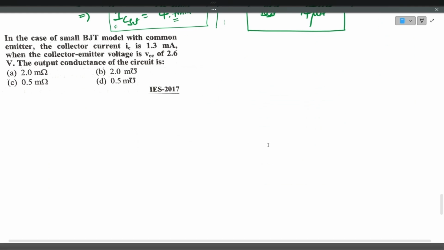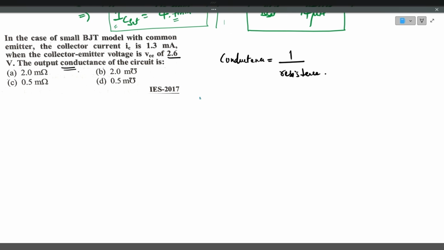In case of a small signal BJT model with common emitter, the collector current IC is 1.3 milliamps when the collector emitter voltage VCE is 2.6 volts. The output conductance of the circuit is. See here, conductance is nothing but the reciprocal of resistance. He is asking us to calculate output conductance.